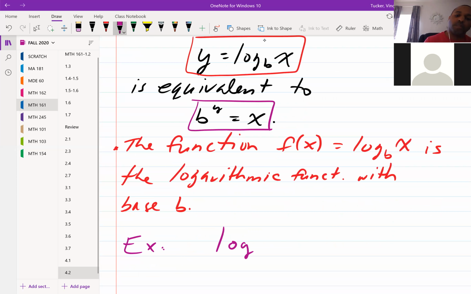So let's see if I have, oh, as a matter of fact, I'll do this one.